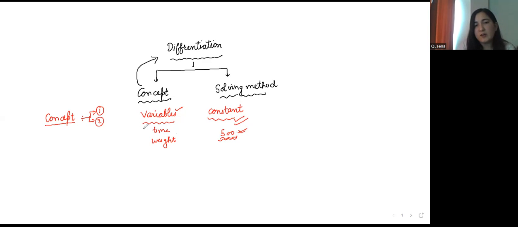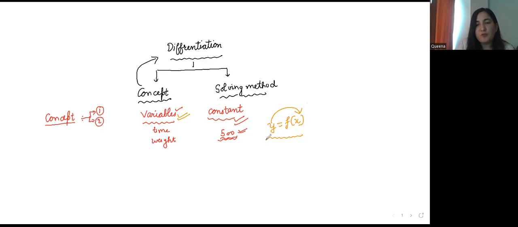Now, see, another thing is we can always write a variable as a function. How can we do so? Here I'm considering any variable y and I'm defining it as a function of x. So what I say here is y is a function of x.